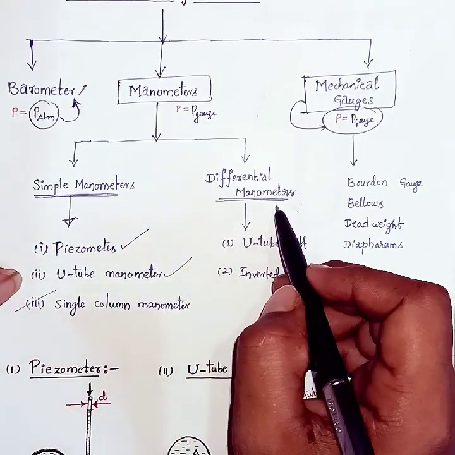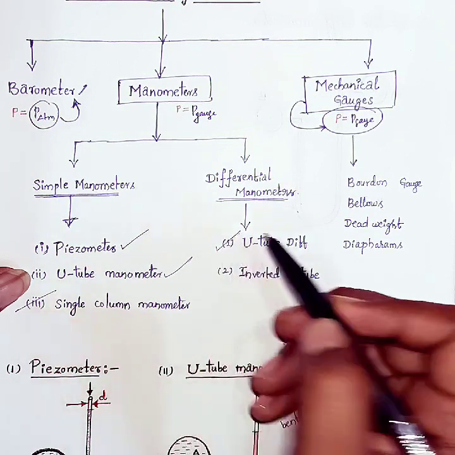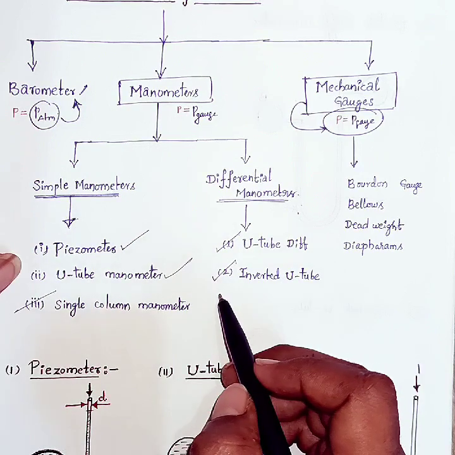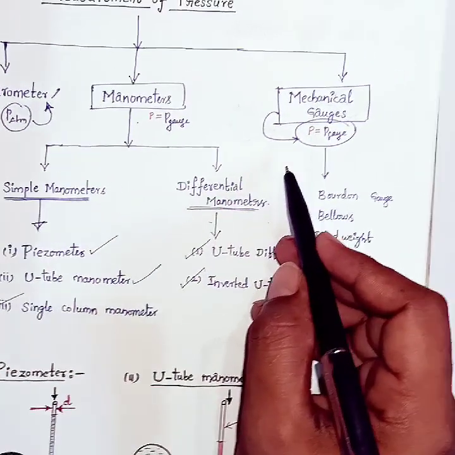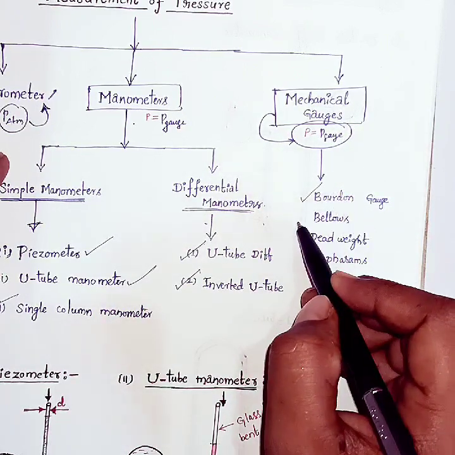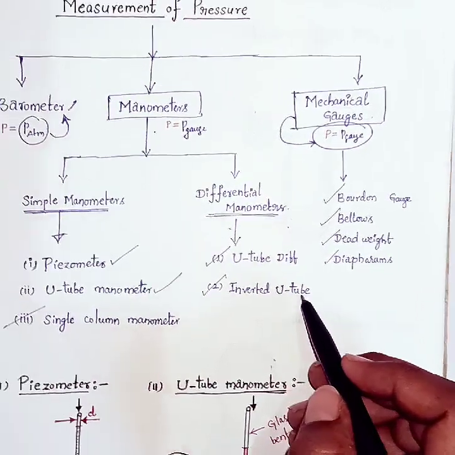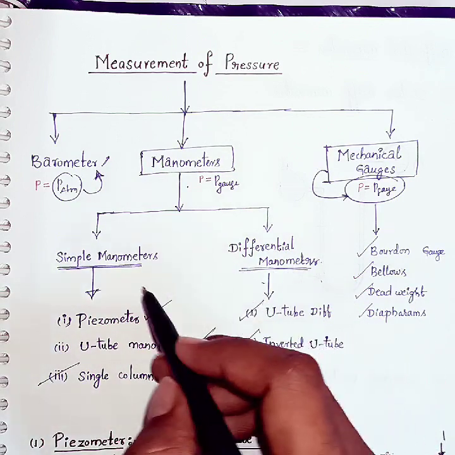If we classify differential manometers, the first one is the U-tube differential manometer, and the second one is the inverted U-tube manometer. This is the classification of manometers. And if we classify mechanical gauges, those are Bourdon gauge, bellows, deadweight, and diaphragms. These are the three main types of instruments that measure pressure.